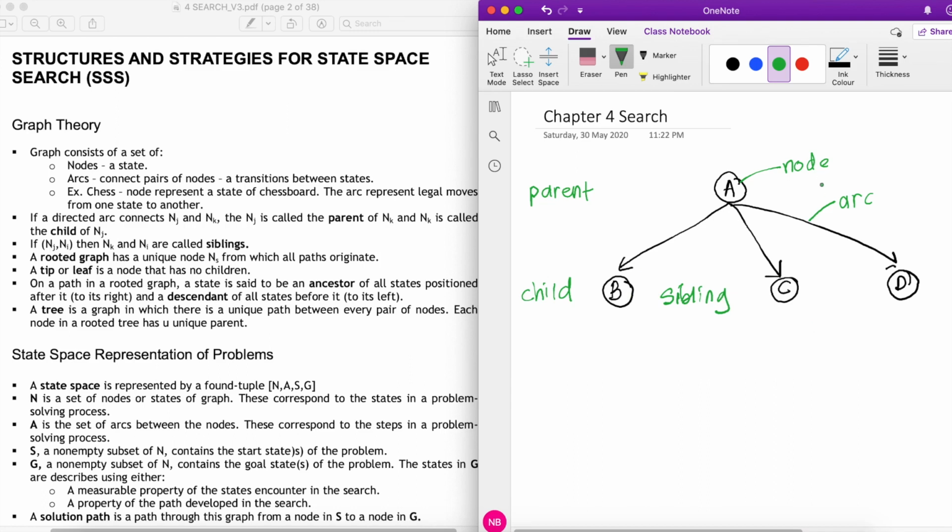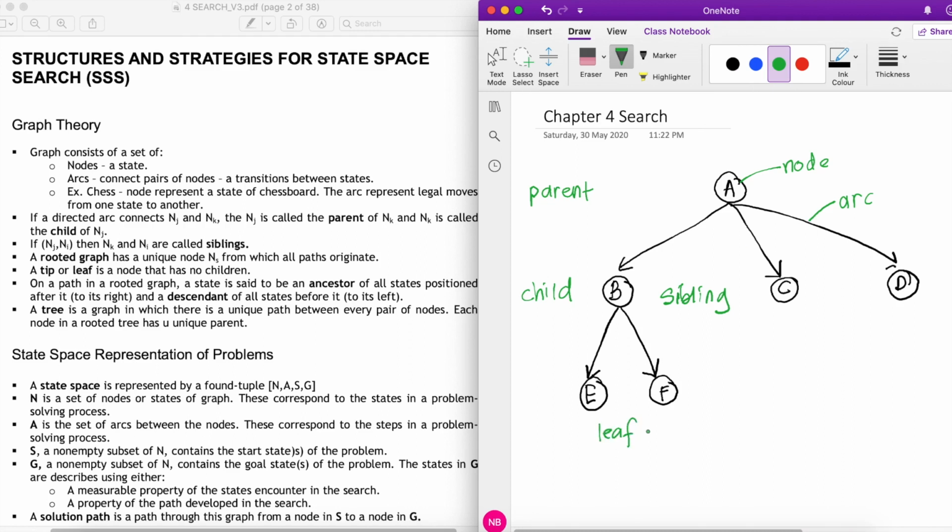Okay, and we also can have another node here. For example, I have E and F. In this case, we call E and F leaf nodes.